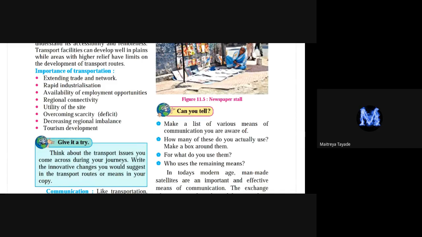So basically these are the importance of transportation. Trade increases, rapid industrialization takes place, employment opportunities become available, regional connectivity increases, and utility of the site improves. Whatever sites are there, we can easily visit and use them. Overcoming scarcity means deficit, trade deficit or other deficits.